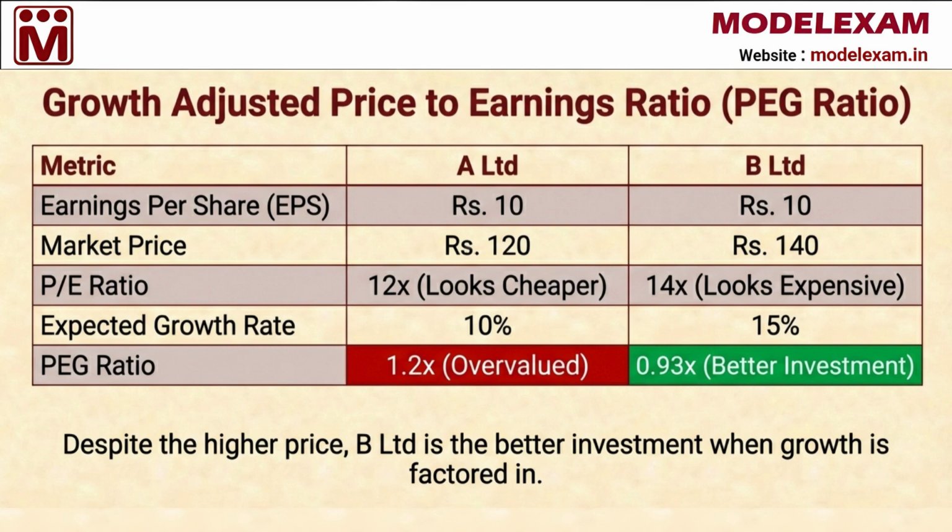A Limited looks cheaper based on PE. However, A Limited is growing at 10%, while B Limited is growing at 15%. When we calculate the PEG ratio, A Limited is 1.2, making it overvalued. B Limited is 0.93, making it the better investment despite the higher price.